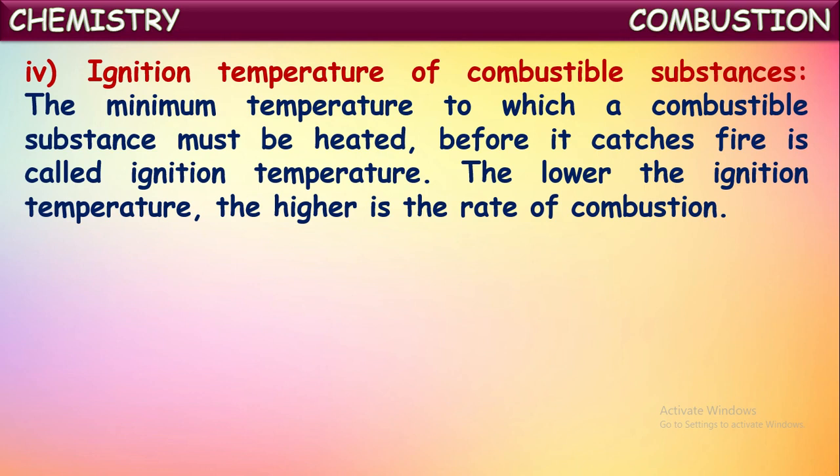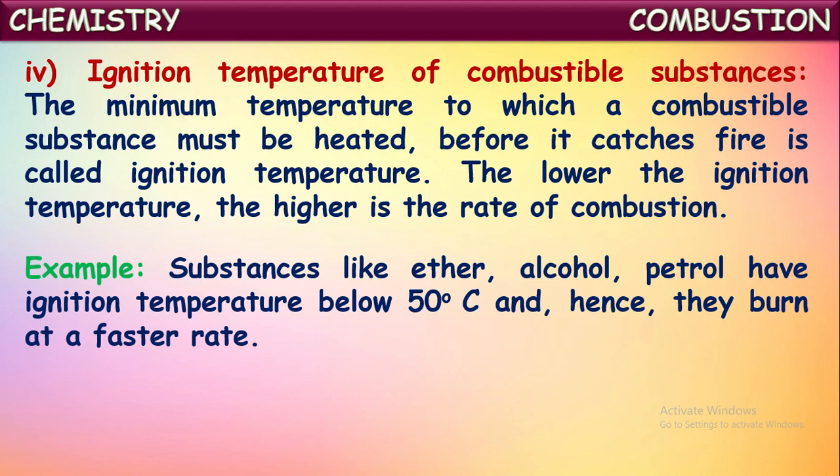So a substance with a low ignition temperature catches fire easily and burns at a faster rate. For example, substances like ether, alcohol and petrol have low ignition temperatures. All these substances have ignition temperatures below 50 degrees and hence they burn at a faster rate.